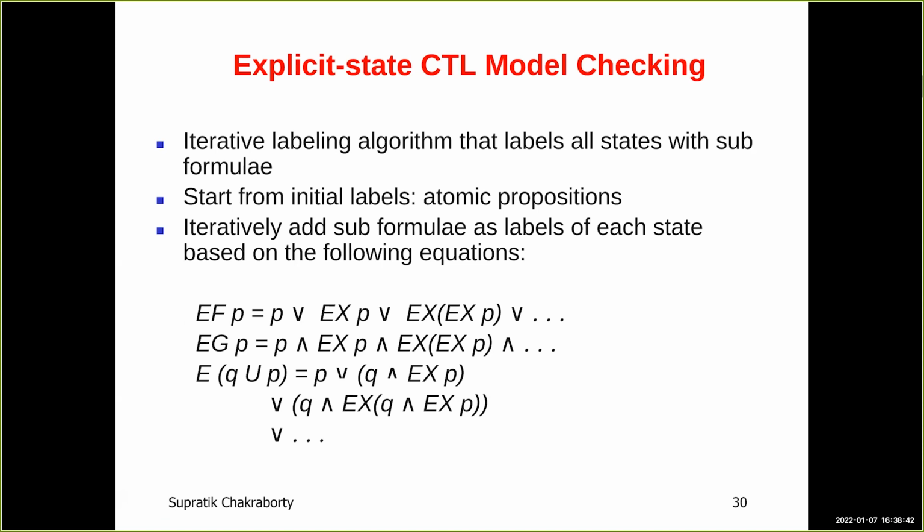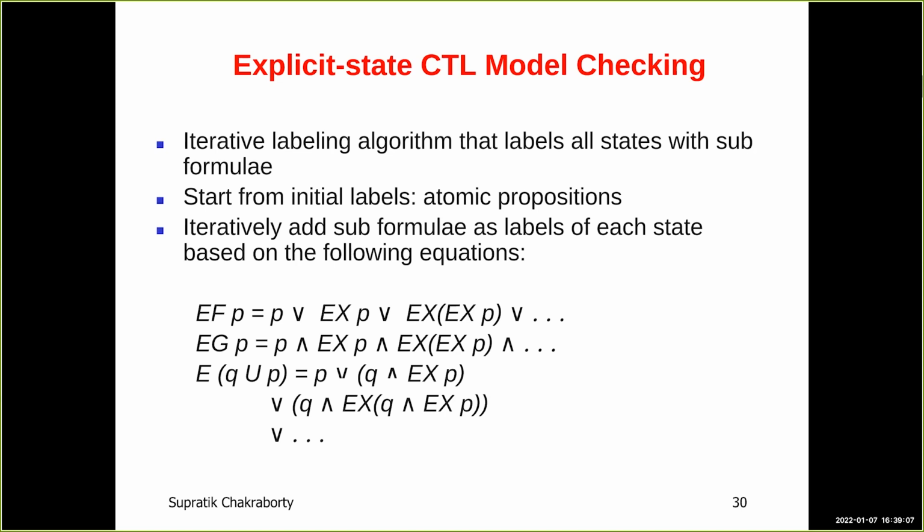Basically, I'm saying, does there exist a path such that finally along it negation P holds? If you want me to check whether AFP holds, it means along all the paths finally P should hold. If I consider the negation of this formula, then negation AFP is E of negation FP.